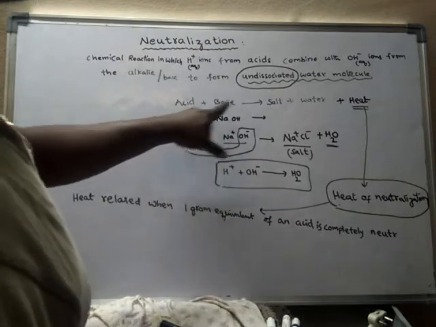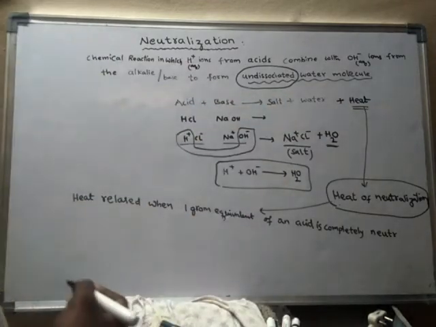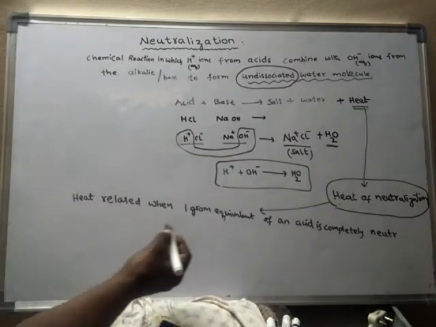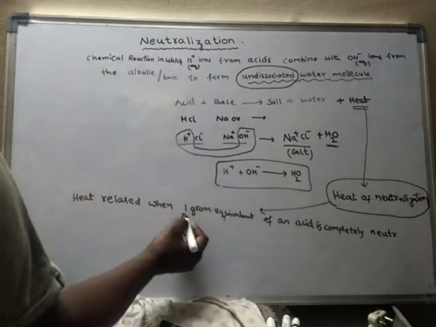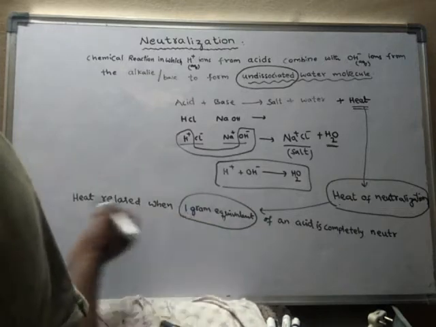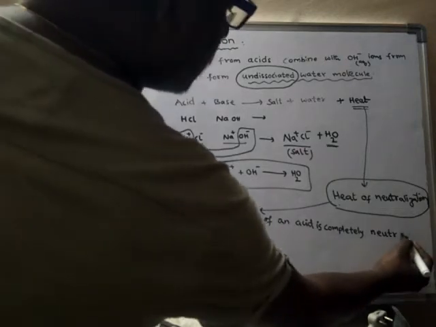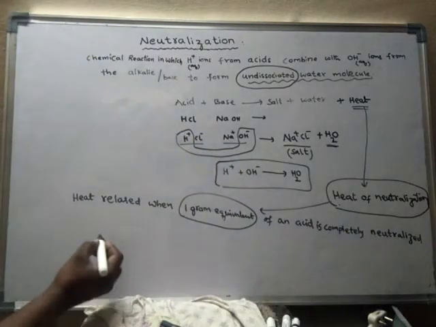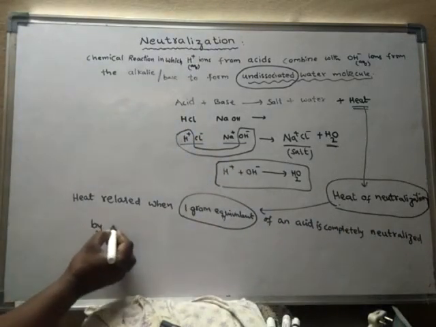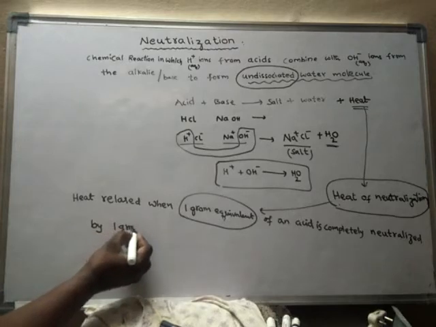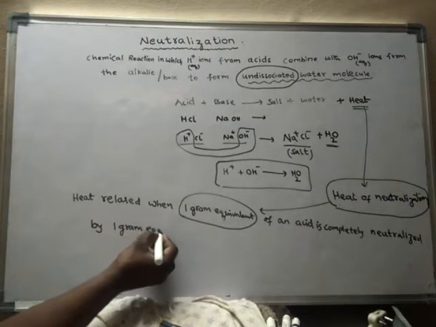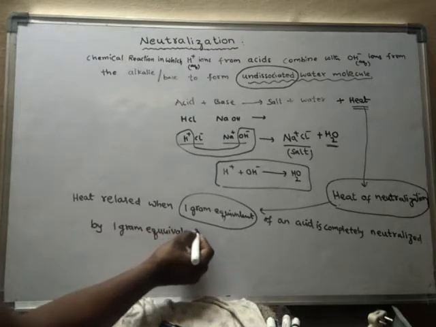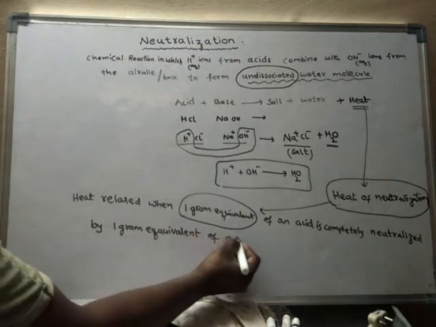In that process, the amount of heat liberated is said to be heat of neutralization. So 1 gram equivalent of acid is completely neutralized by 1 gram equivalent of a base.